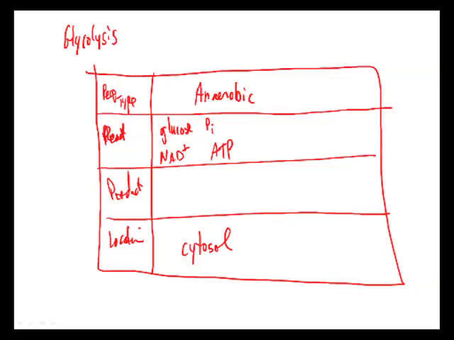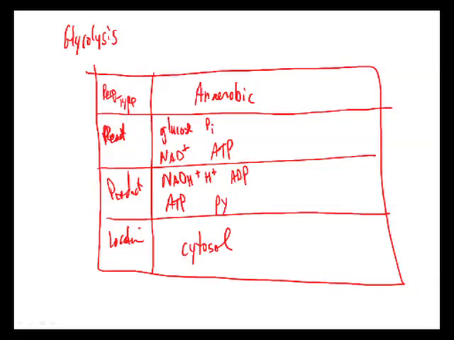Now, what do we get at the end of all this? Well, we get NADH plus H plus. We get ATP. We actually get more ATP than when we started. And we'll look at specific numbers after we go through the process. We end up with ADP in various parts of the reactions.